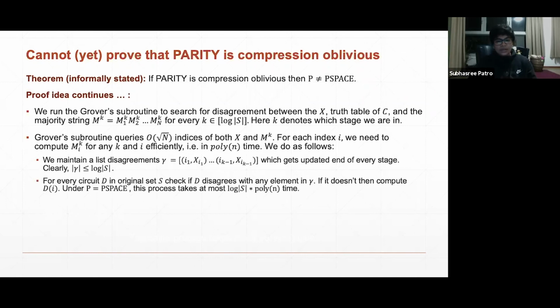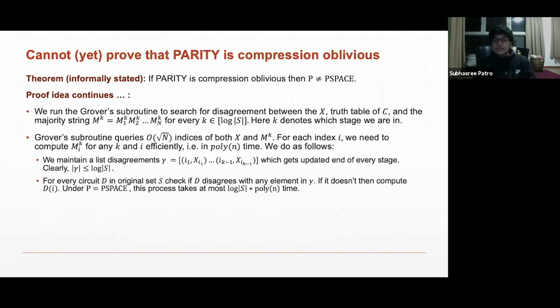Now, for every circuit D in my original set, I can check if D disagrees with any element in this list, by actually running D on all these indices, that is I1, by running D on the binary representation of I1 and so on. Because P equals PSPACE, when D runs on all these indices, I can continuously reuse the space, so I'm reusing the time itself.